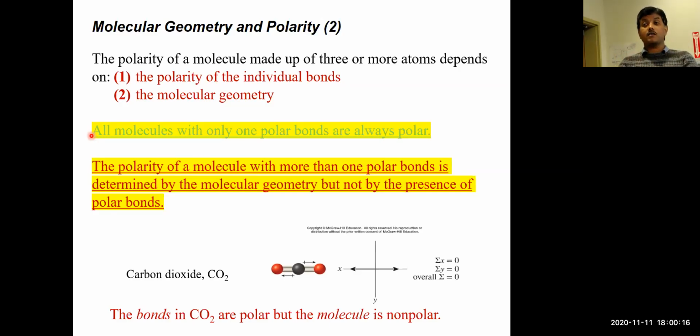The complication comes when a molecule has more than one polar bond. That is when you need to check the molecular geometry for cancellation of the polarities. And it only happens in symmetrical molecules, which means all sides of the molecule look the same.